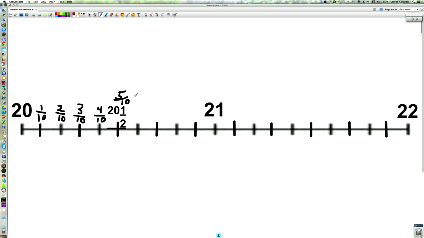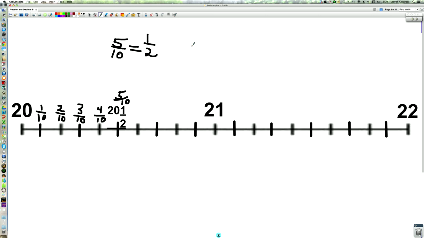And I know that if I make an equivalent fraction and divide both of these by 5, I'm going to end up with 5 divided by 5 is 1, 10 divided by 5 is 2, so 1/2. So 5/10 is equivalent to 1/2, right? And that's all we're talking about doing here.